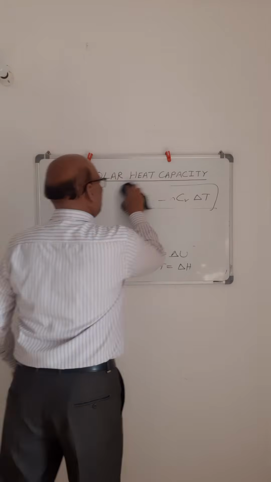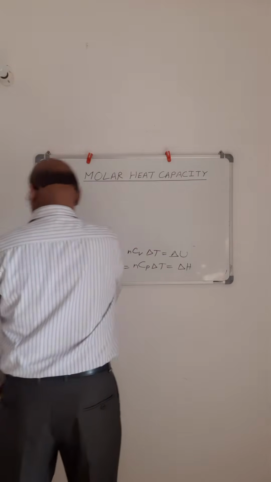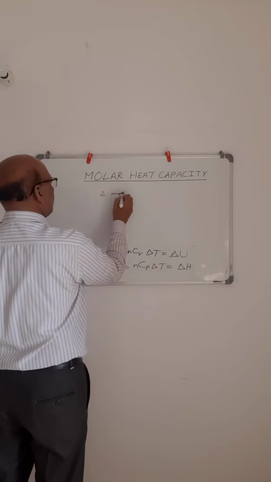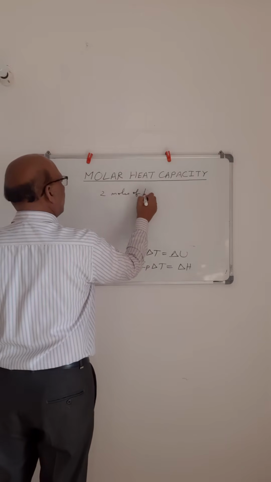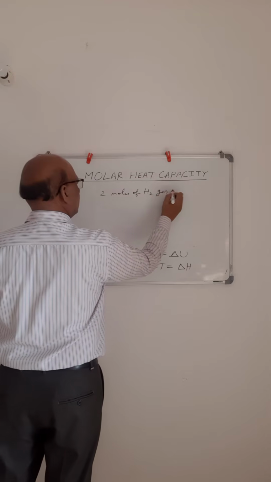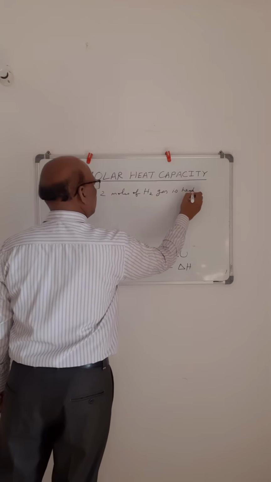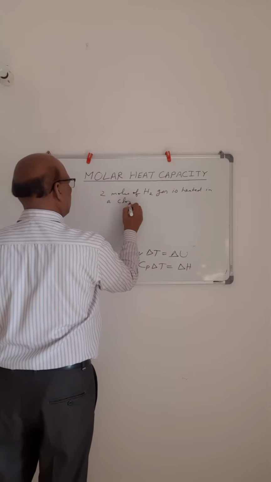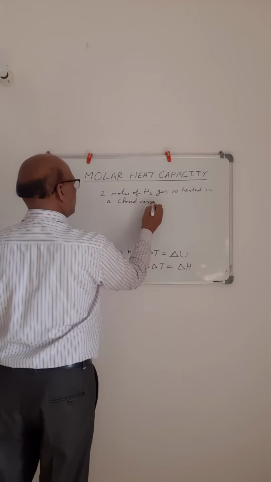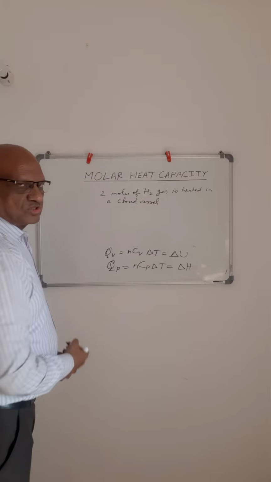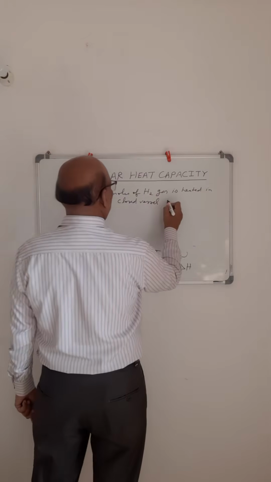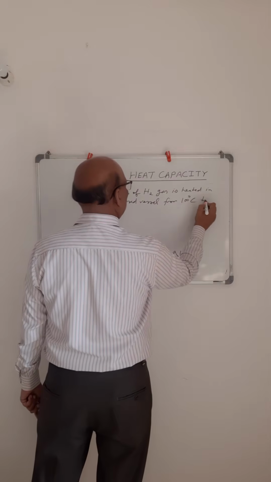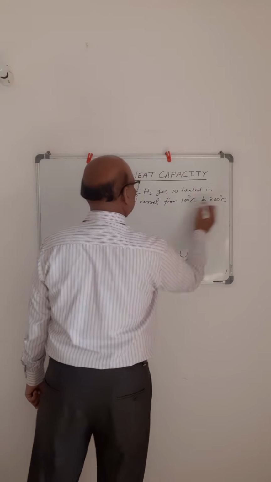If I give you a numerical: 2 moles of hydrogen gas is heated in a closed vessel, that means at constant volume, from say 100 degrees Celsius to 200 degrees Celsius.